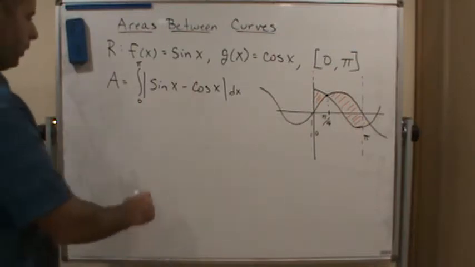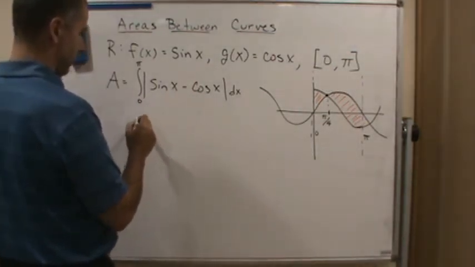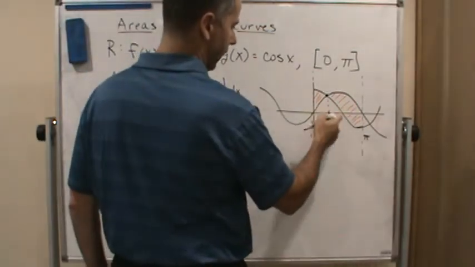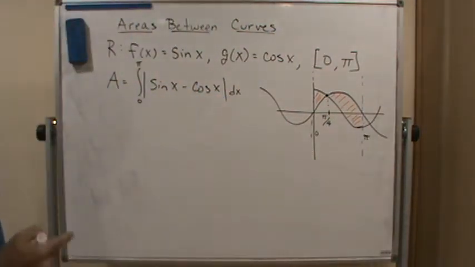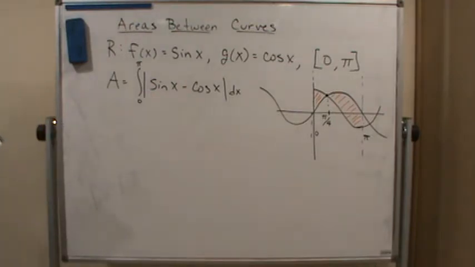Taking the absolute value on one interval is the same as doing cosine minus sine, and on the other interval it's sine minus cosine, because we want positive area.